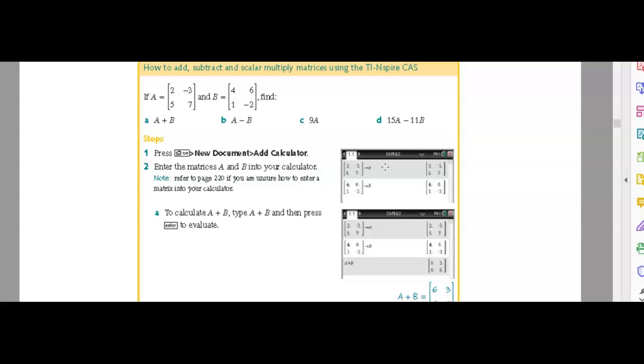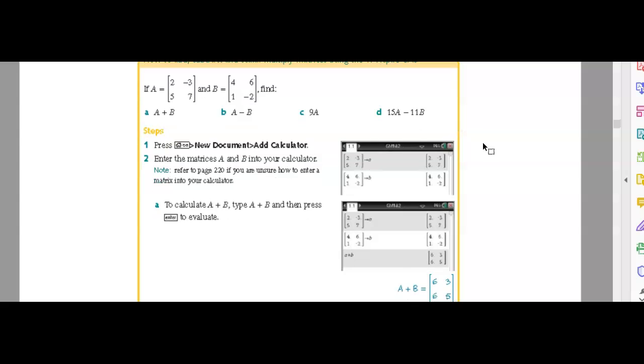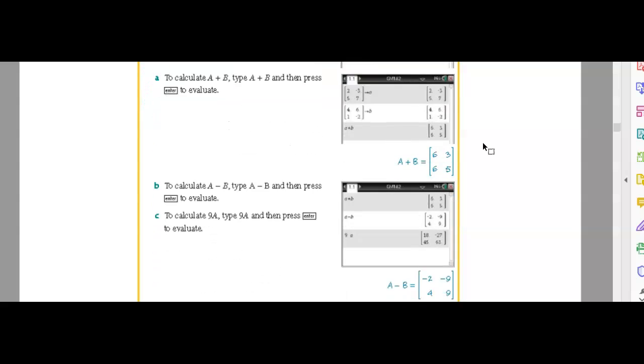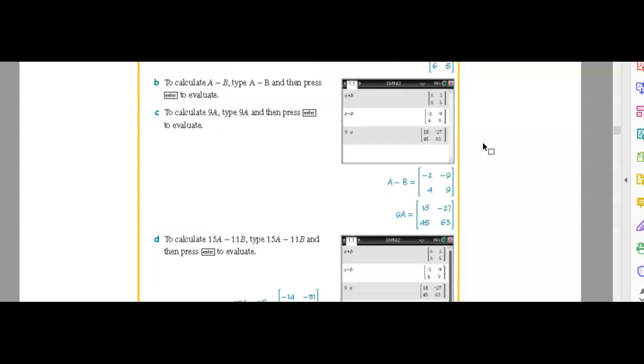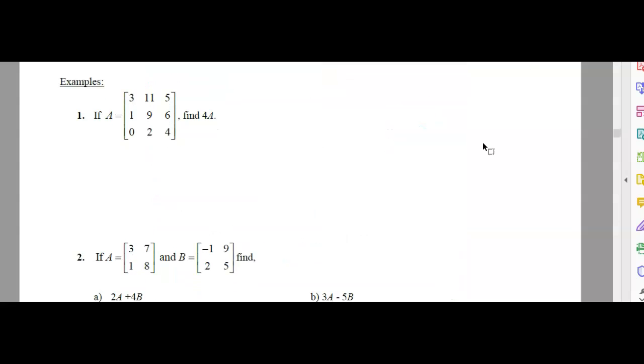So sometimes a matrix will already have a letter. You can see here matrix A and matrix B. So in your calculator, you can call it matrix A and matrix B. And then you can manipulate it. So you can do A plus B, A minus B, 9 times matrix A, 15 times matrix A minus 11 times matrix B. And your calculator will do it for you. So I'm going to skip through that because you can do that yourself.